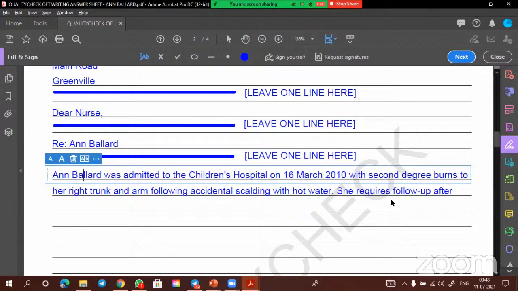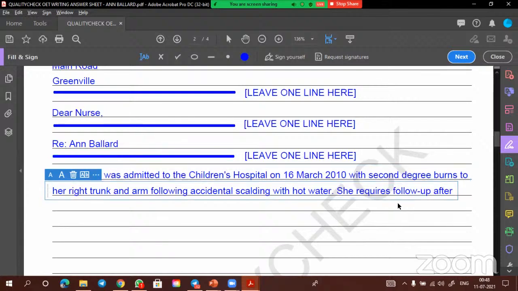She requires, you can add follow up after, following her discharge. But follow up is already there, so we don't use another one. You can say she requires follow up after discharge.